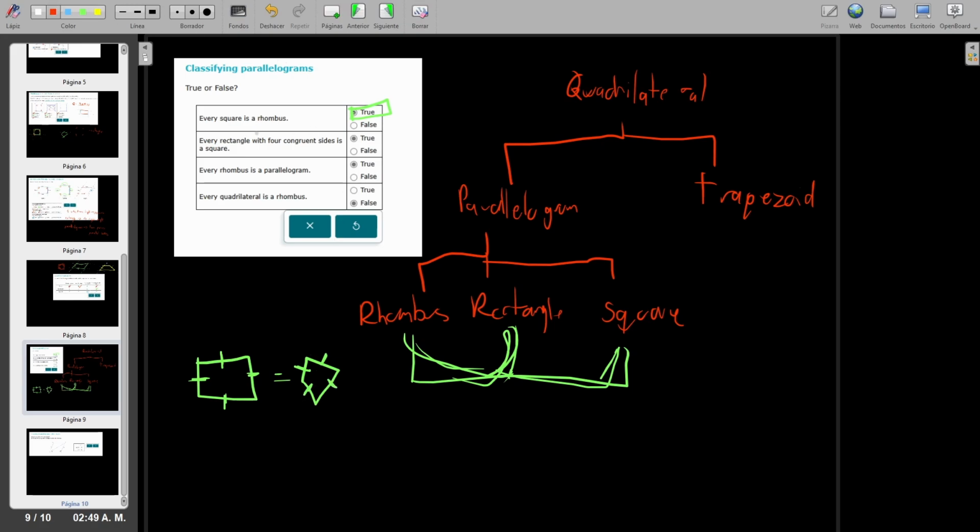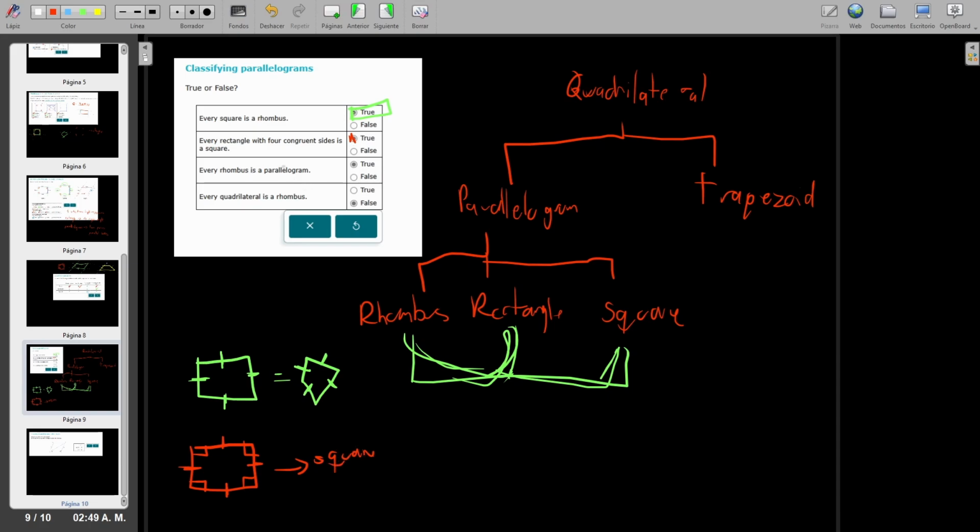Now, a rectangle with four congruent sides is a square. That is correct, because remember, a rectangle has four right angles. But if those four right angles now have four equal sides, that means that rectangle is a square. That's why it is true.